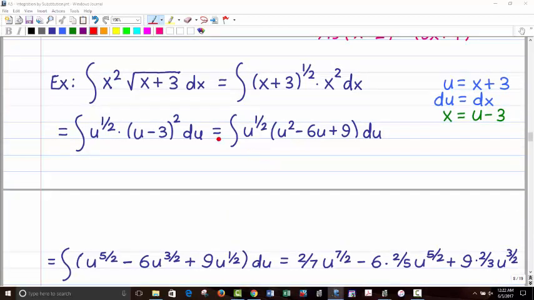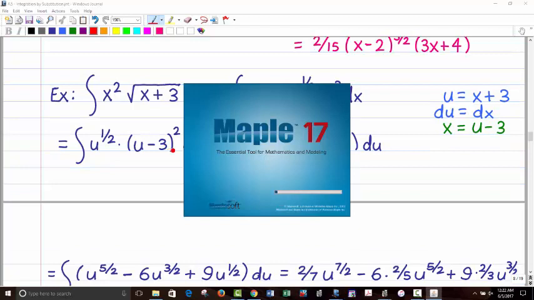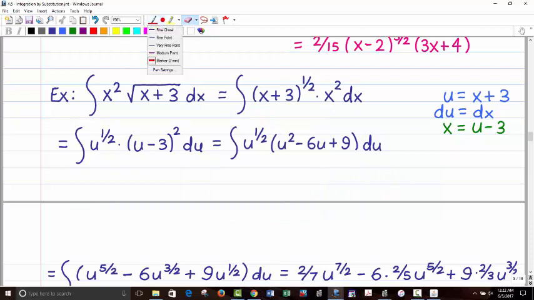And, well, anyway, so u minus 3 squared, once again, you have to know how to square a binomial properly. That's not u squared plus 9. You have to FOIL that out. It's u squared minus 6u plus 9. It's 3 terms. You always have 3 terms when you square a binomial.